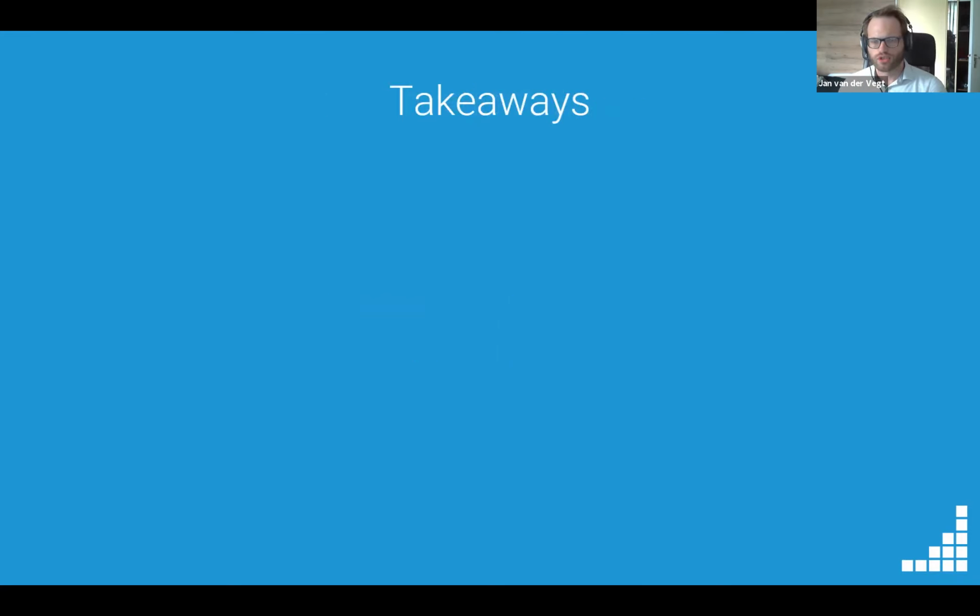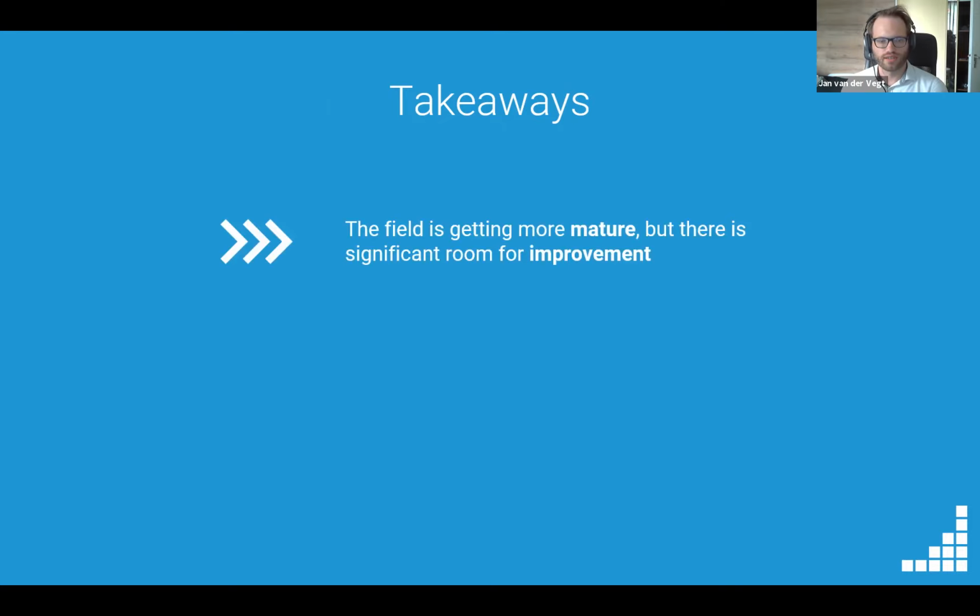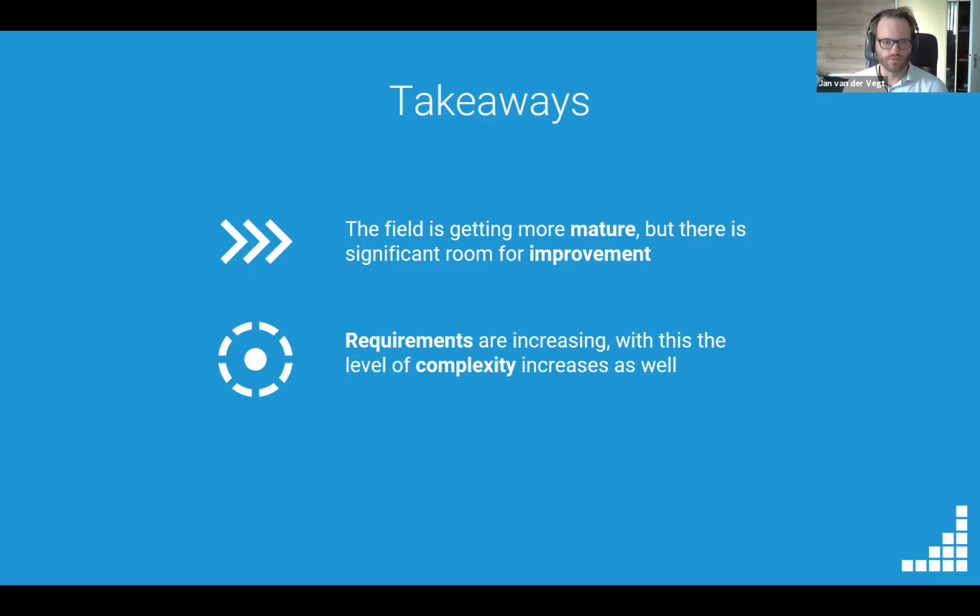All right, so I summarized things in a few takeaways, and then we're going to go to the next part of the workshop. So the first takeaway is that the field is getting more mature, but there's a lot of room for improvement. And hopefully I showcased a few things where improvements are definitely an option.